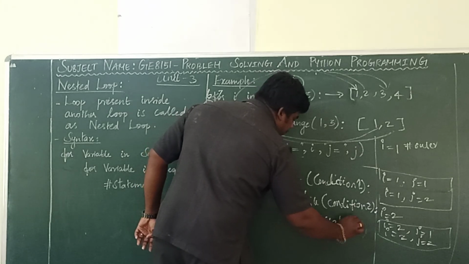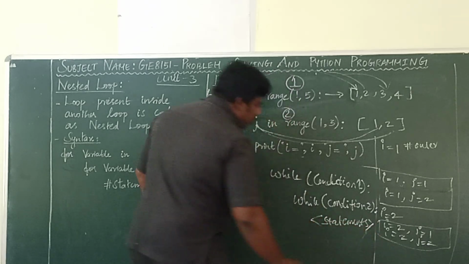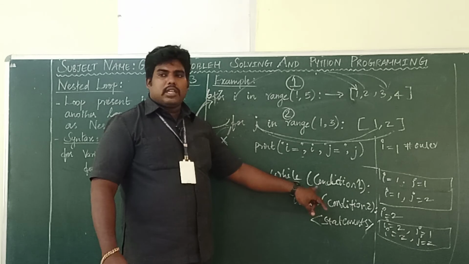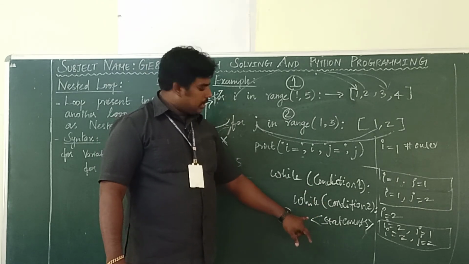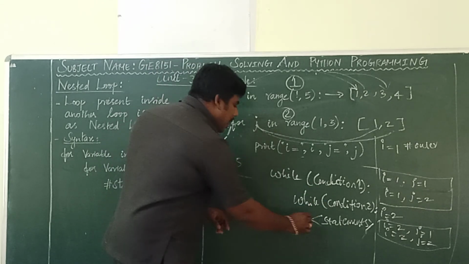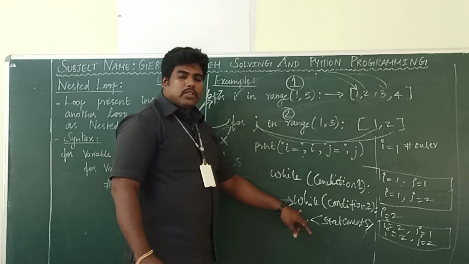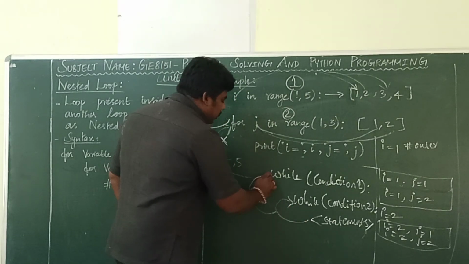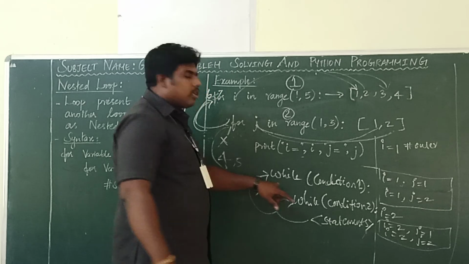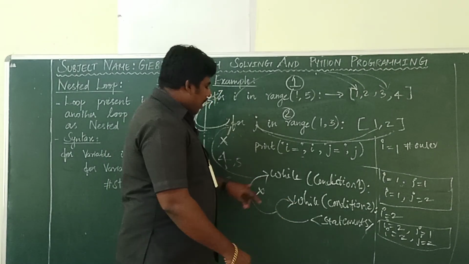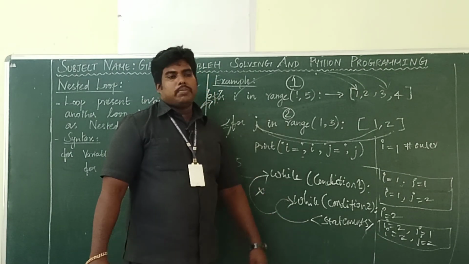The same method will work. First it will check this condition. If this condition is true, then this statement will be executed. Again condition 2, till this condition is false, it will execute. After the condition is false, the outer will be executed.